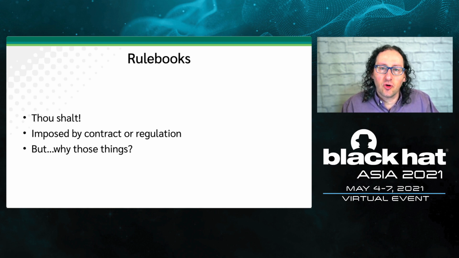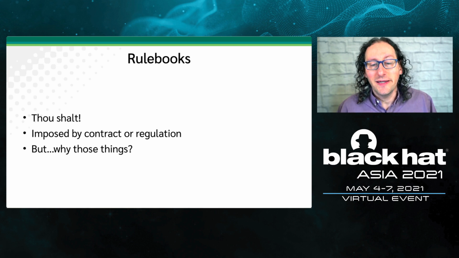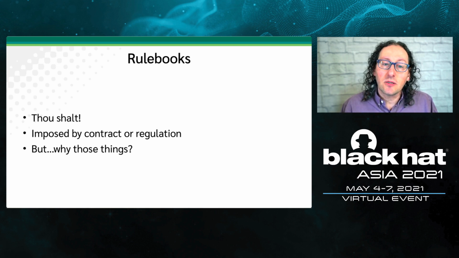That's a regulatory reason to do this. And sometimes, like with PCI, they're imposed by contract. Each is a set of things, a checklist, if you will, that we say we have to do these things. And we in security often respond poorly to the idea of checklist security. And we often ask, why those things?